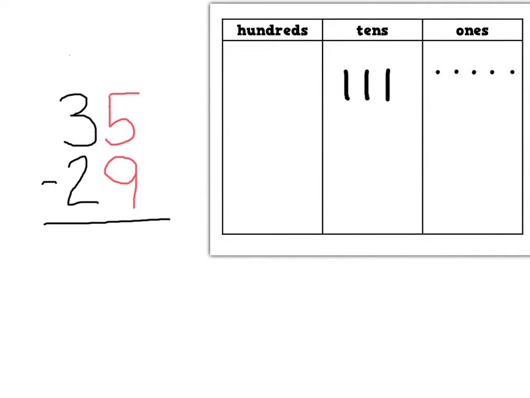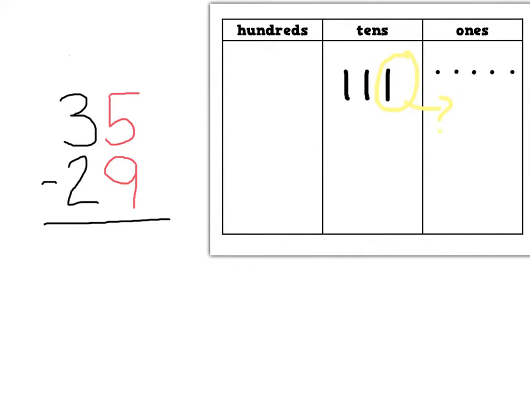I'm going to take one of my tens and move it to my ones. This is when I remember that 1 ten is the same as 10 ones. So when I move it to my ones place, I've created 10 ones.